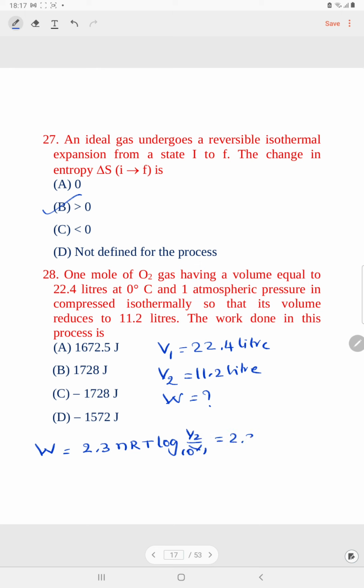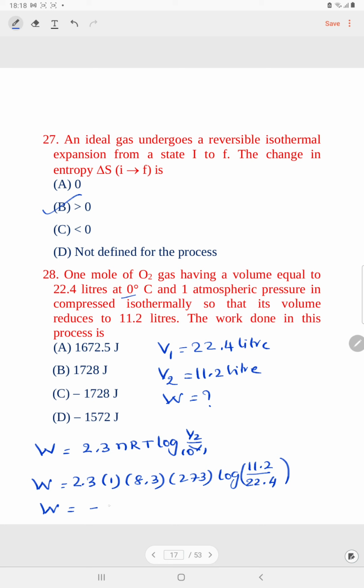It is 2.3. Number of moles is 1. R value is 8.3. Temperature is 0 degree, which means it has to be 273, into. Then on simplifying this, the final answer is going to be minus 1728 joule.